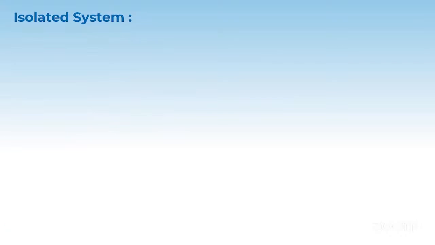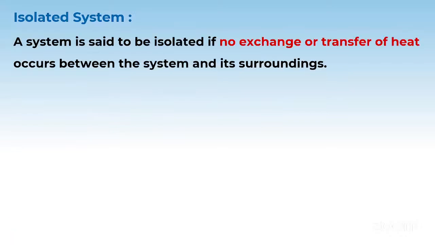When you start with calorimetry, you need to understand what an isolated system is. When you studied thermodynamics, the very first chapter covered what an isolated system is and the types of system: open system, isolated system, and closed system.